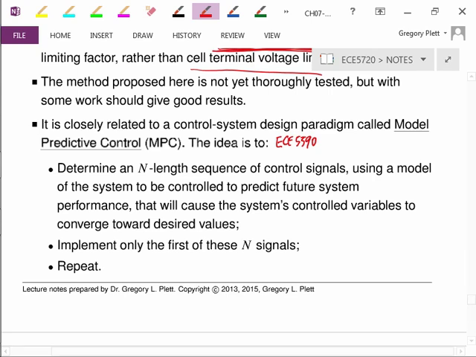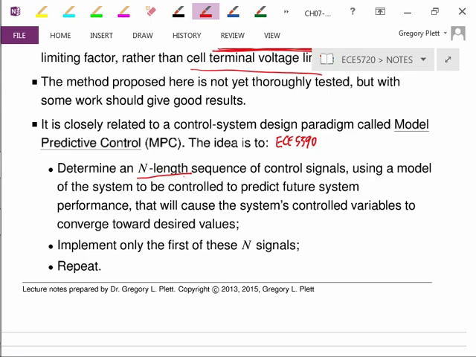At every point in time where I have a decision to make as to what the input to my system should be, for us it's the input current, we are going to find an n-length sequence of control signals where n is looking into the future. There's some time horizon in the future where I'm finding what should be the current right now, and the next one, and the next one, and so forth.